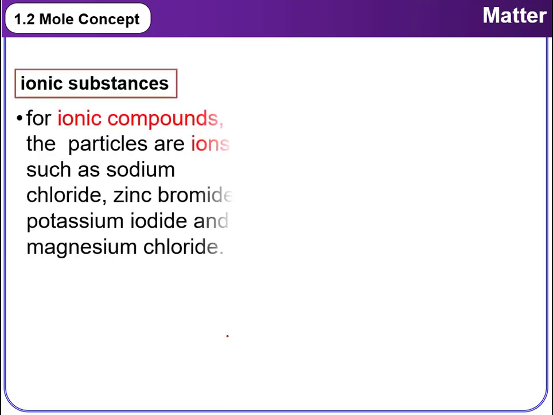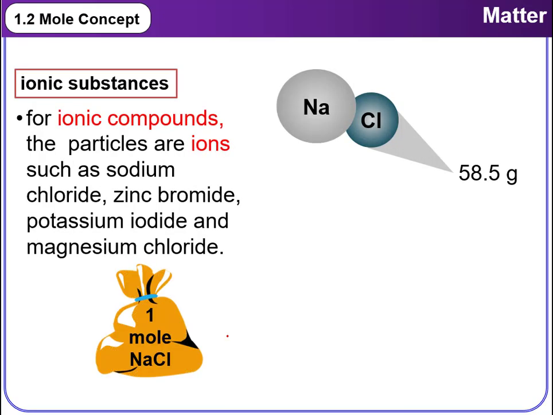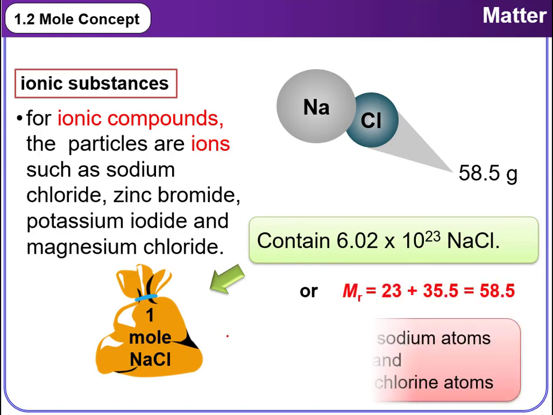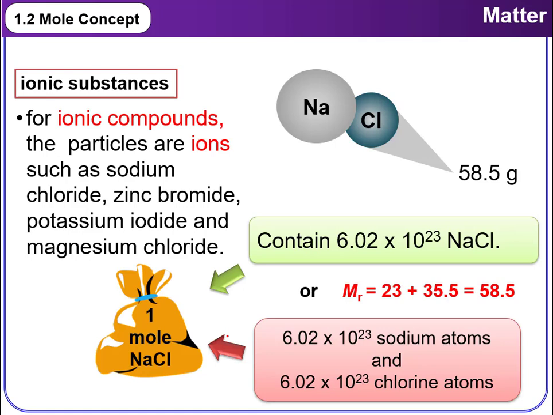Next is the ionic substances. For ionic substances, the particles are ions, such as sodium chloride, zinc bromide, potassium iodide, and magnesium chloride. How can we get this 58.5 gram? It comes from the molar mass of sodium, which is 23, while for chlorine is 35.5.